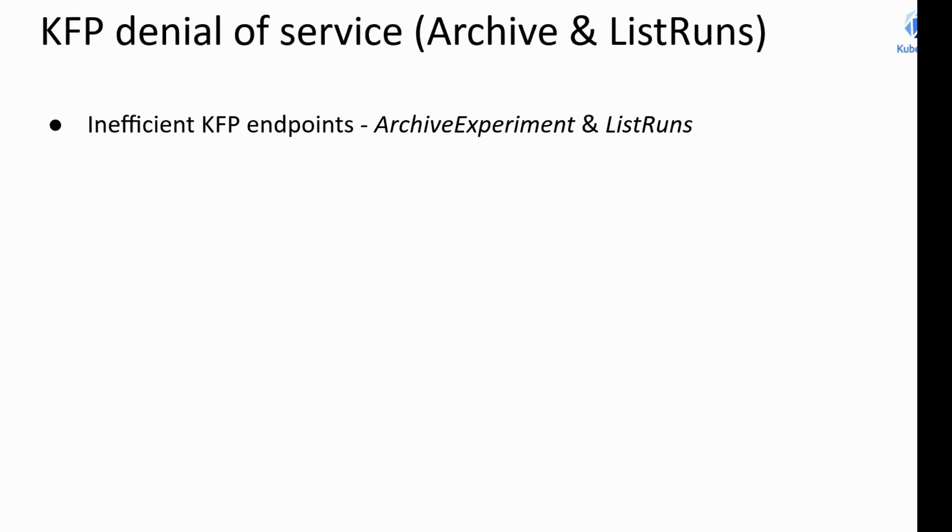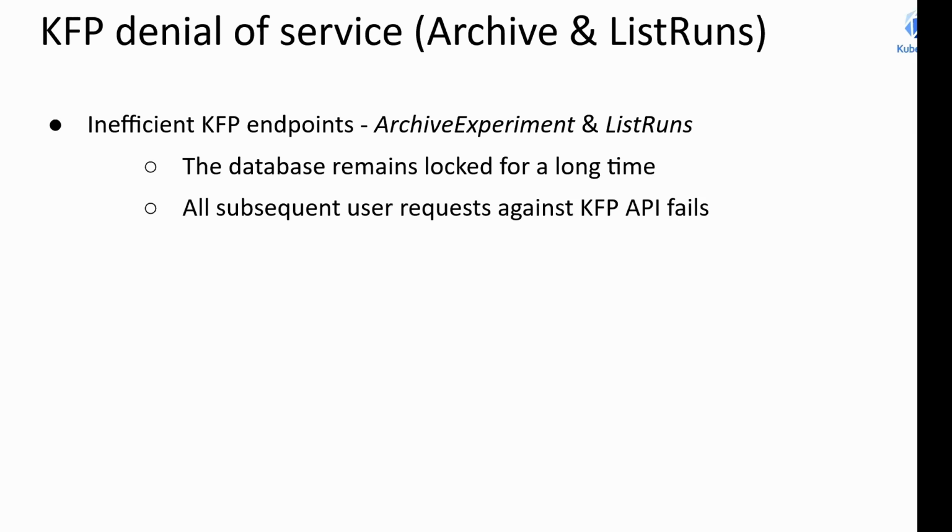And another problem we would like to point out is that 2 of the Kubeflow Pipelines API endpoints, archive experiment and list runs, perform poorly on large databases. So when these endpoints are called, the database remains locked for a long time, which fails all subsequent user requests against the Kubeflow Pipelines API.